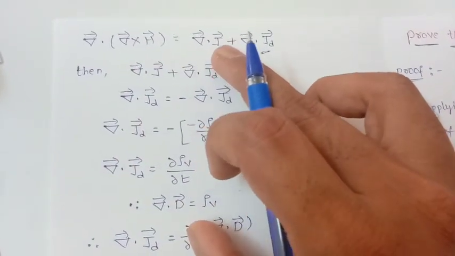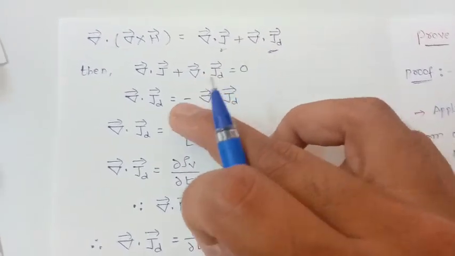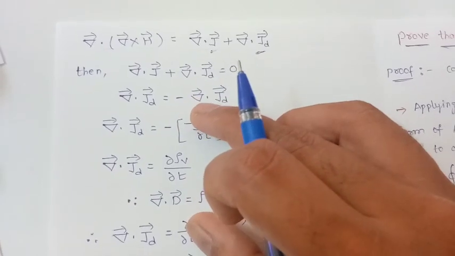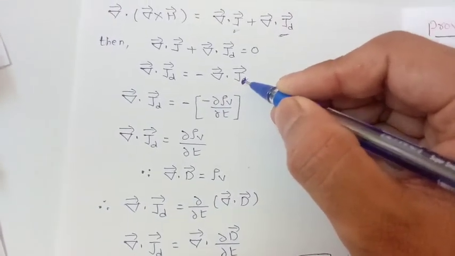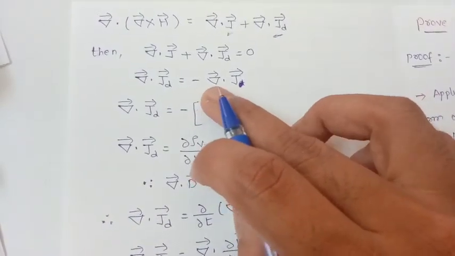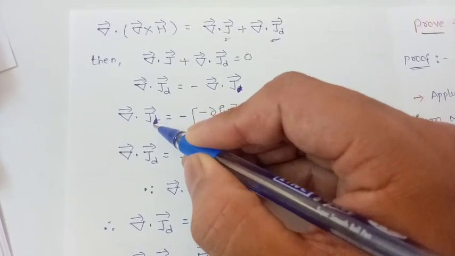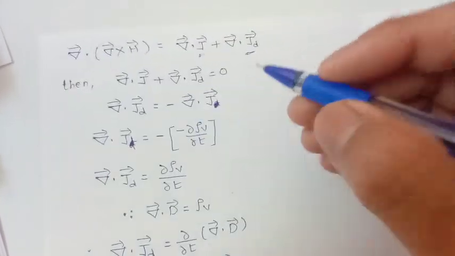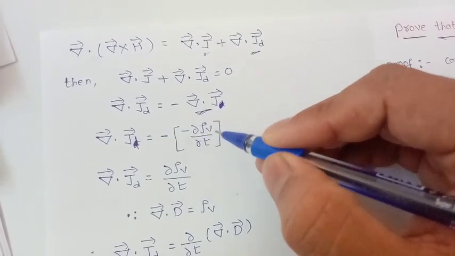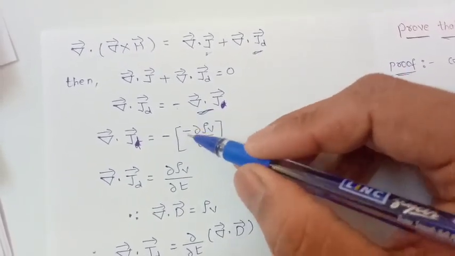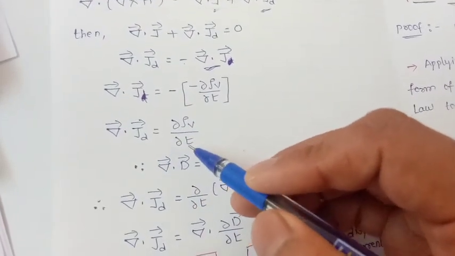Then divergence of J bar plus divergence of JD bar is 0, so divergence of JD bar is equal to minus divergence of J bar. We know that divergence of J bar is equal to minus dou rho v by dou t. Minus of minus becomes plus, so divergence of JD bar is equal to dou rho v by dou t.